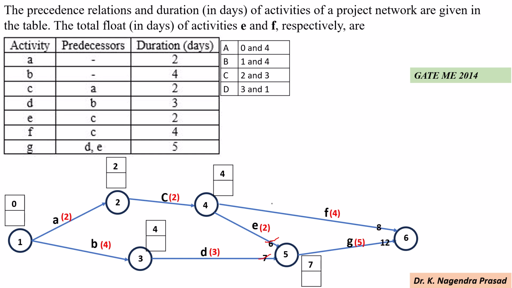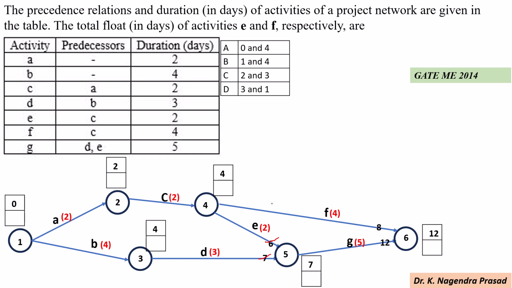Next, for activity F, 4 plus 4 equal to 8. And for activity G, earliest time equal to 7 plus 5, 12. Here event 6 is the merge event for activities F and G. So consider the maximum time, that is 12. So earliest time at event 6 is 12.